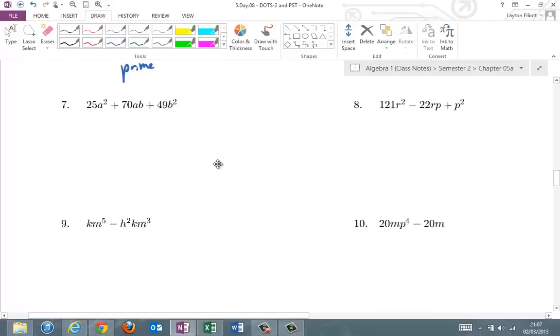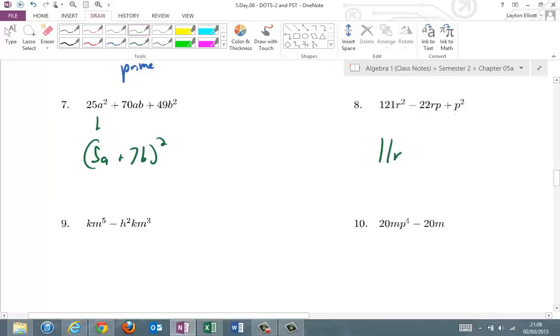At this point, feel free to work ahead. There's an answer key on the back of, or on the third page, but I'm going to keep doing the rest of these. I'm going to go a little faster. So 25a squared becomes 5a, 49b squared becomes 7b, plus 7 times 5 is 35, times 2 is 70, so that checks. That's a perfect square.